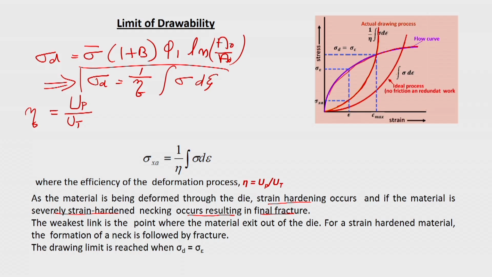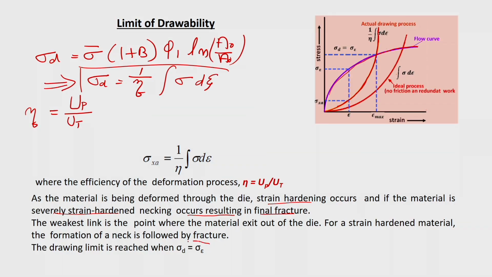Okay. So, for a strain hardened material, necking may take place at that part when it reaches the limit of drawing. Once necking takes place and you keep pulling, the necking is followed by a sudden fracture. So, the drawing limit is reached when the stress at the exit is equal to the draw stress.